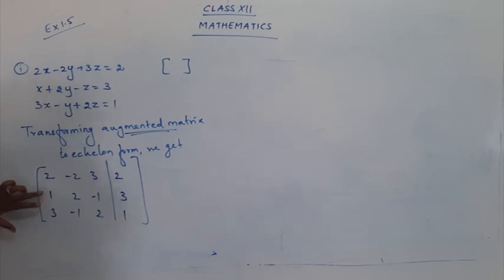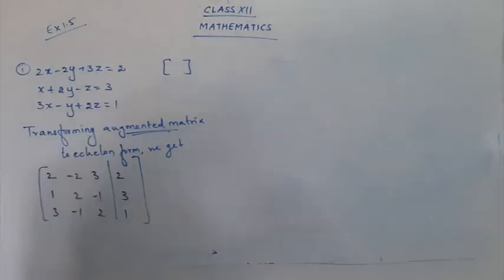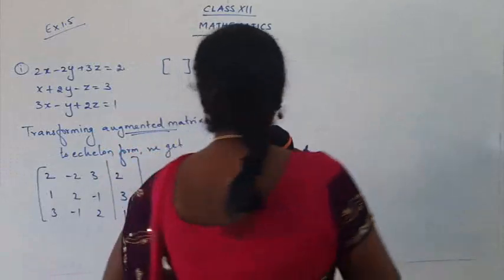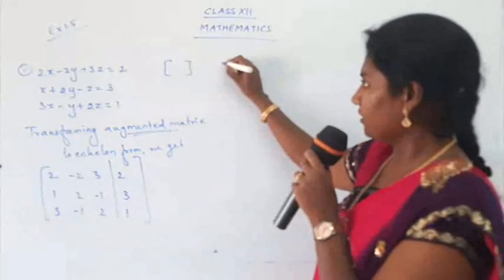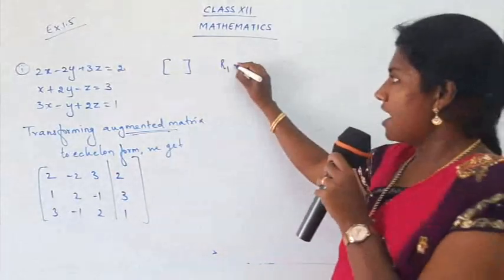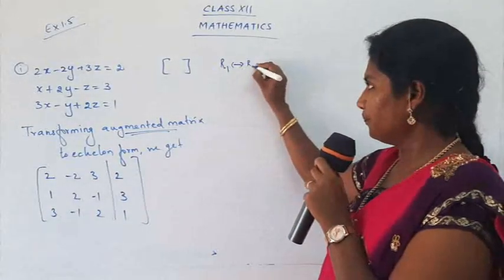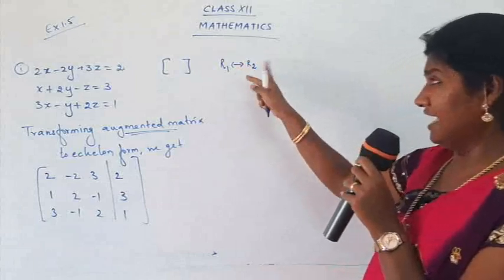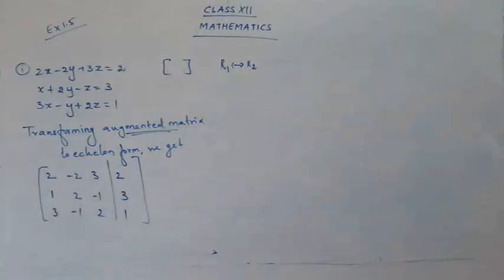So we are going to interchange row 1 and row 2. Let's write the interchange of rows 1 and 2: R1 and R2 are interchanged.